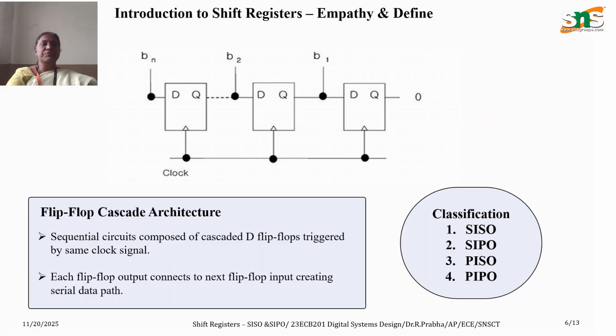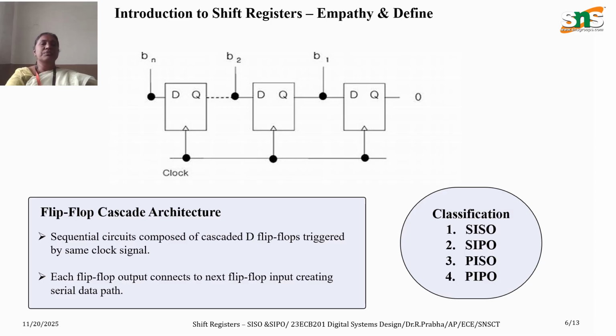And now the shift registers. Shift registers are essentially memory storage devices, and we are going to discuss two types: serial in, serial out, and serial in, parallel out. Now we are going to discuss in the design thinking way. In the empathy part, we have to understand the need for shift registers.